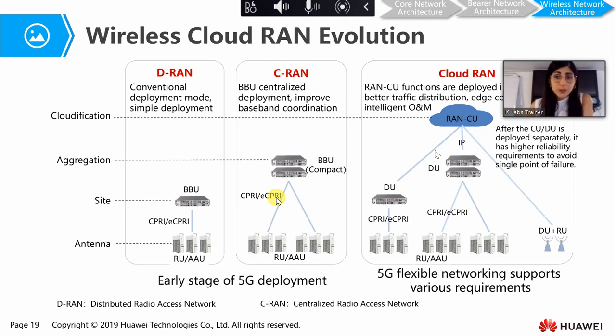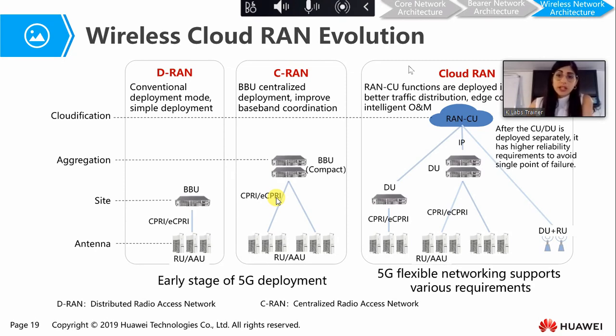With Cloud RAN, with the separation between real-time and non-real-time, we have the centralized unit, which is cloudified, and then the centralized unit can communicate with the distributed unit, which can be on-site or at the aggregation layer again. And so we actually have a new interface.